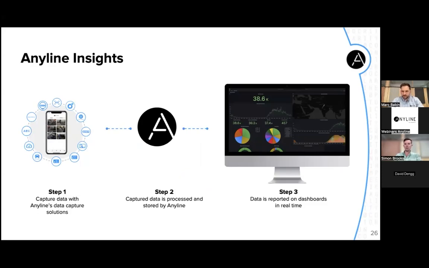It's then processed and stored by Anyline, and made available in dashboards in real time for customers to understand usage, whether by location, by application, by device, by module, whatever it might be. All of that information is fed back to them. They can make comparisons with the data, check out images, and look for anomalies in the data being captured. That is applicable for Barcode and for all of our AI modules, all accessible within the Anyline Insights platform.